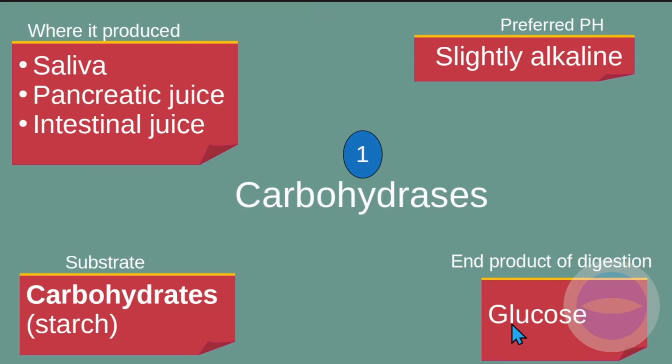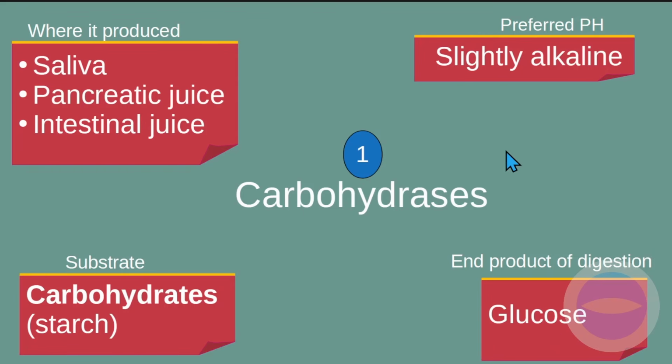Our body is able to absorb glucose but is not able to absorb carbohydrate, since carbohydrate is a larger food compound. But carbohydrate is broken down by carbohydrase, by chemical digestion, and then we end up with glucose, a very small compound, so our body is able to absorb glucose.